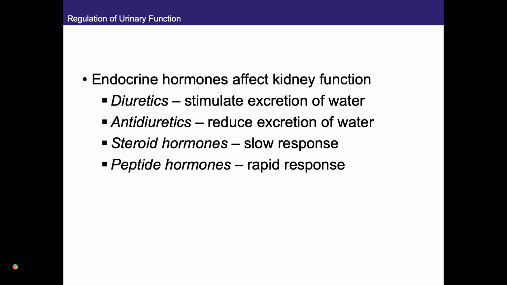Vasopressin, aldosterone, and the renin-angiotensin system are all antidiuretics. In fact, vasopressin, AVP, is known as antidiuretic hormone. The reason why atrial natriuretic peptide is the only diuretic is it inhibits vasopressin, renin, and aldosterone. It inhibits all of them. That's why it's a diuretic.